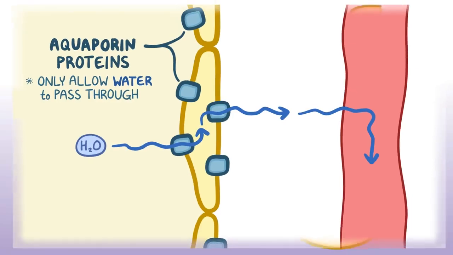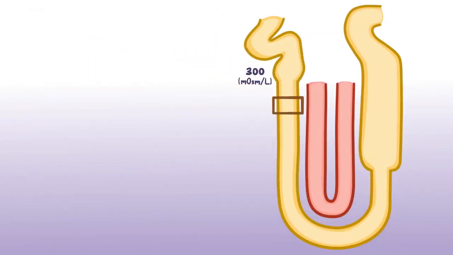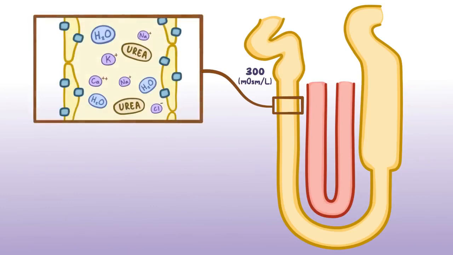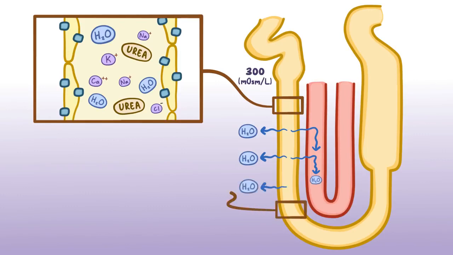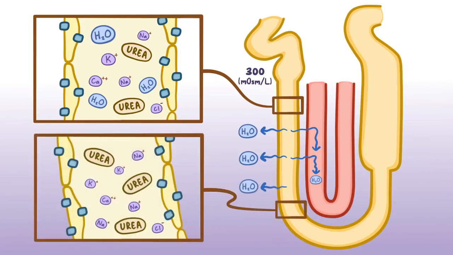The epithelial cells have very few channels for solutes, so solutes don't leave the tubular fluid in significant quantities. Since water leaves but solutes remain in the tubular fluid, it quickly becomes concentrated, and at the end of the descending limb, the tubular fluid has an osmolarity of 1200 milliosmoles per litre, just like the interstitial fluid.